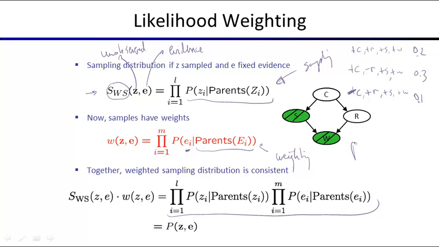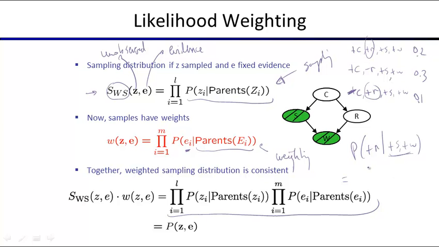Now, if your query were probability of plus R given plus S plus W, you would say, okay, that's equal to, let's see how often where is plus S plus W? Everywhere, because we forced it. Plus R happens over here and over here.